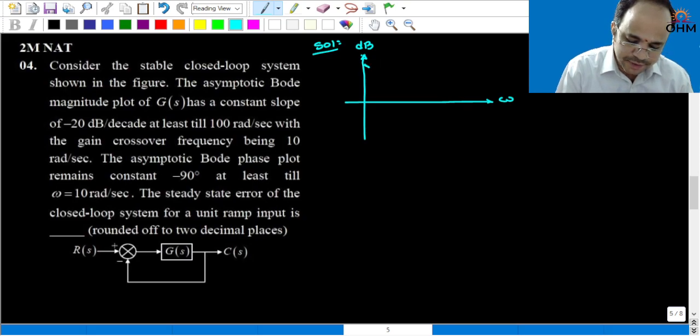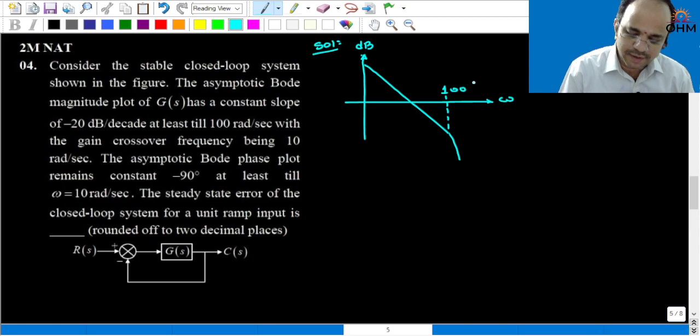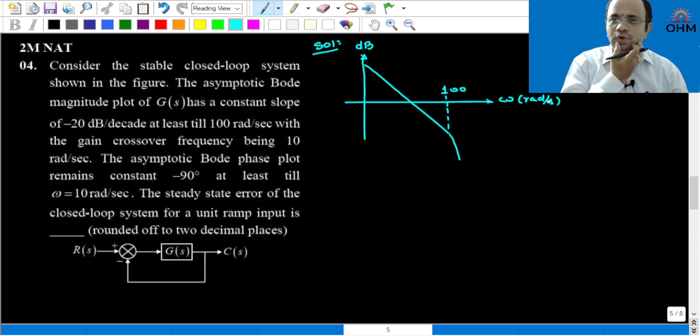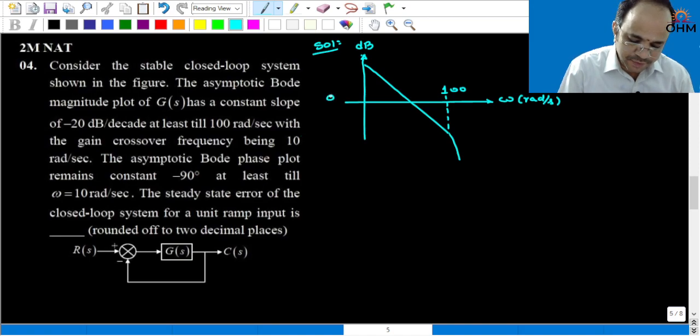So that means initially the slope is -20 dB per decade, at least till omega is equal to 100 radian per second. After that we don't know what the slope is, and it is also mentioned that the gain crossover frequency is 10 radian per second. What do you mean by gain crossover frequency? The frequency where the magnitude plot is crossing the 0 dB line. So that is given as 10 radian per second.